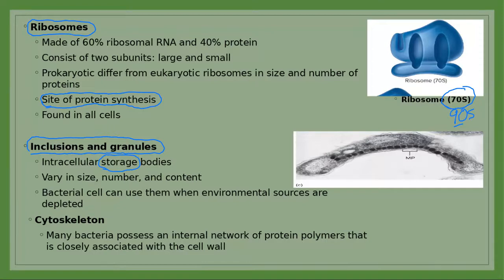The cytoskeleton, this is the skeleton of the cell. Cyto means cell. So this is the skeleton of the cell, which consists of a network of thin proteins, sometimes called filaments, that are present inside the cell.